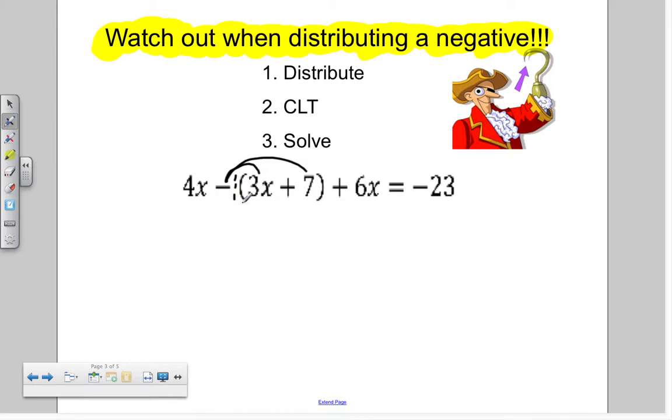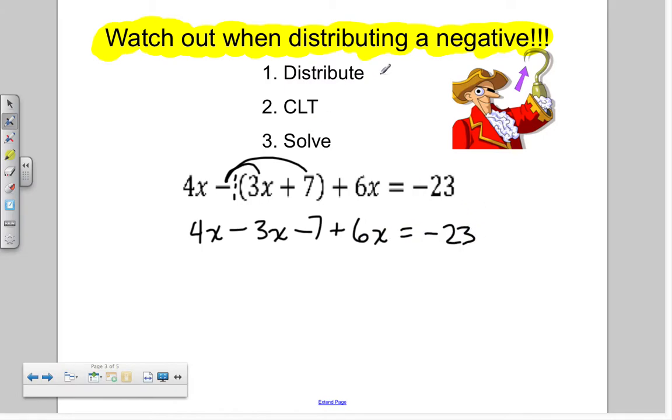I put it as a dotted line because it's like a ghost 1 because it's not always written. So 4x is unaffected. I write 4x again. Now, when I distribute the negative, it becomes negative 3x and negative 7. 6x is untouched, so I recopy the 6x.